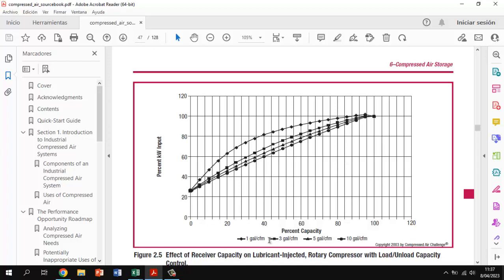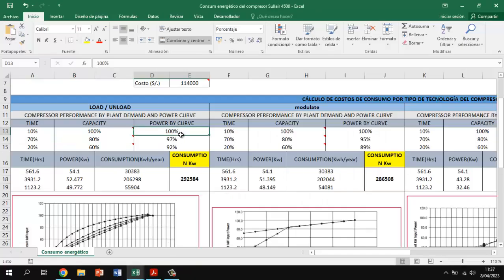In this case, we are using the common pressure of 3 gallons per cubic meter, and then you cross a line just like here. You estimate; I put 97, could be less, could be more. It's the same for 60: trace here, and it could be 90, 92, I don't know. So that's the reason why I put this.